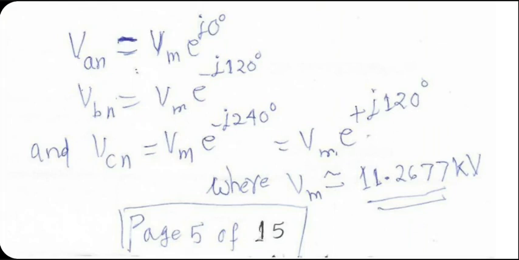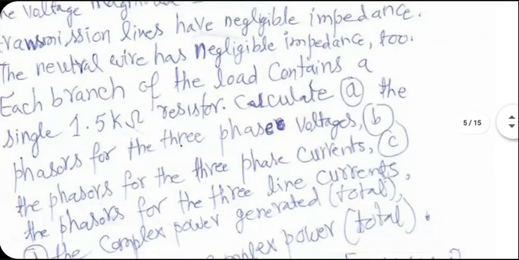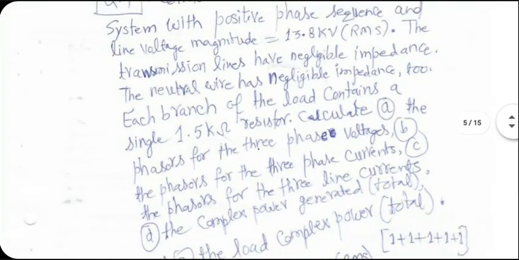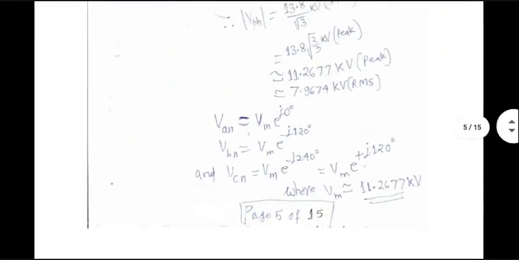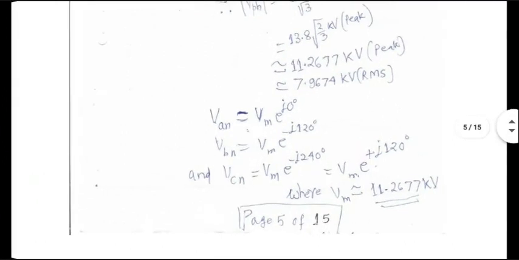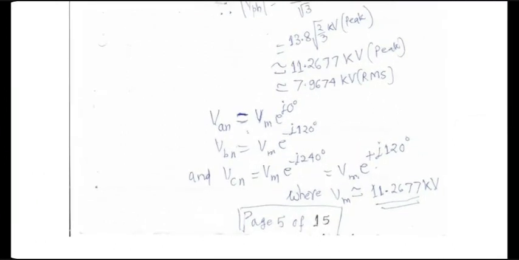VCN will be same as VBN, but an additional phase shift of minus 120 degree will come. So these are the phasor expressions for the three phase voltages. Question part A is complete. You don't need frequency to complete this exercise, I think.